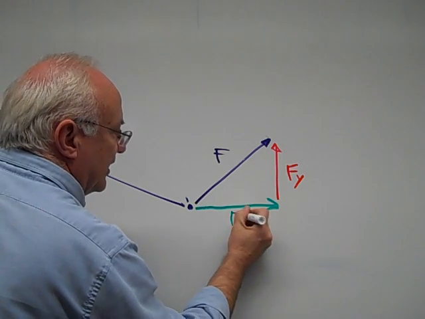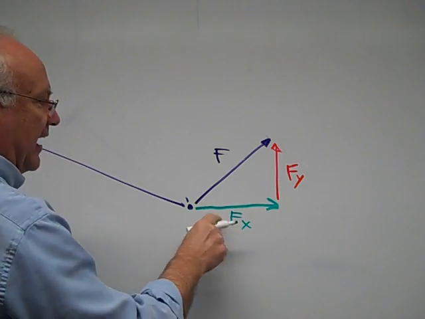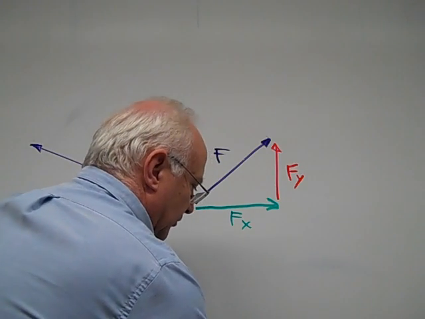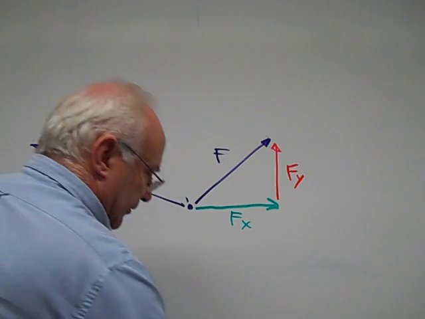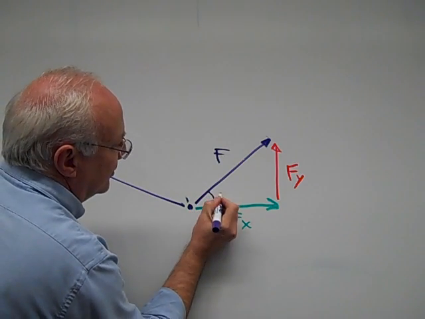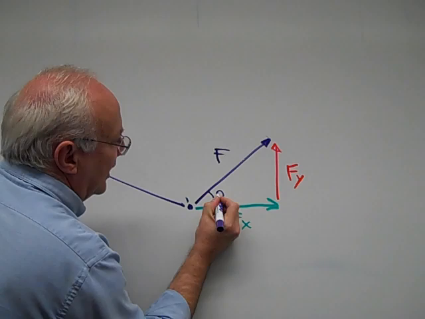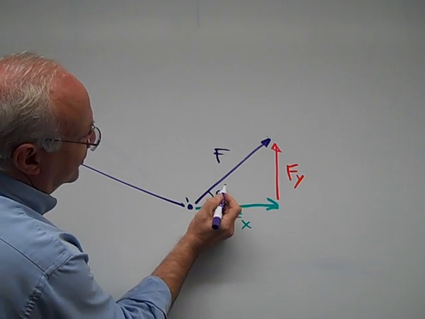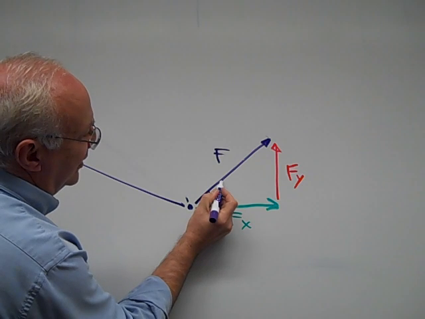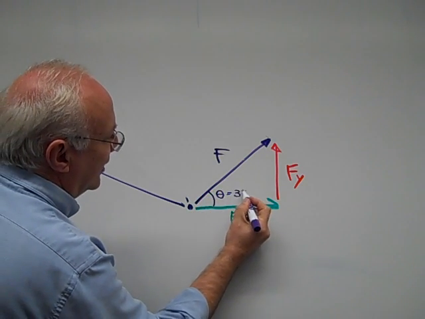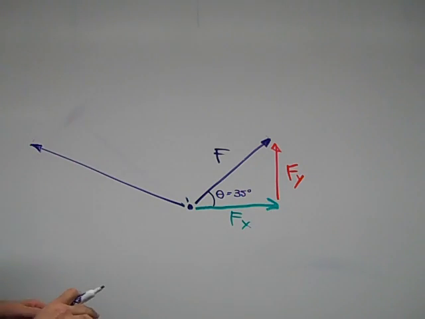We can call this Fx because x is the horizontal axis. The simplest way to get those is to have this angle known as theta. In our case, it looks like this might be 35 degrees.